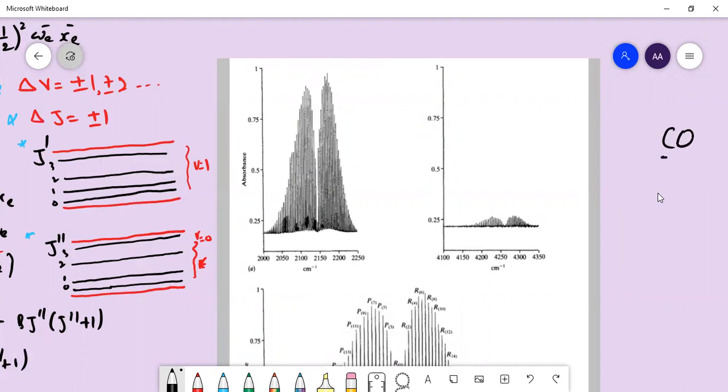So this is the actual vibrating, rotating spectra of a diatomic molecule, that is carbon monoxide. And you will see here how these spectra appear. So this is the actual vibrating, rotating spectrum of carbon monoxide.